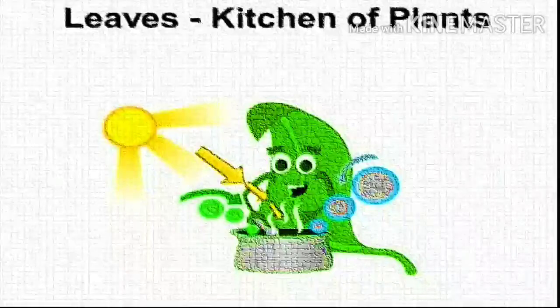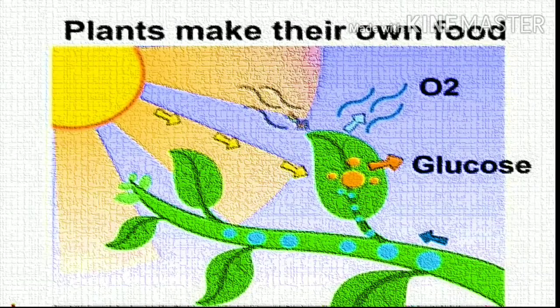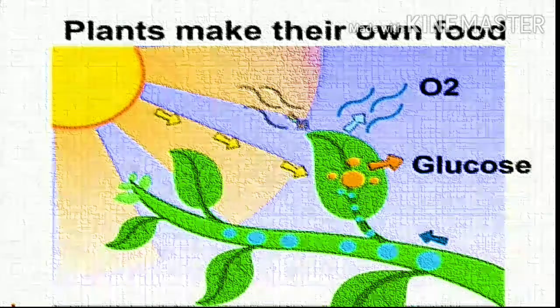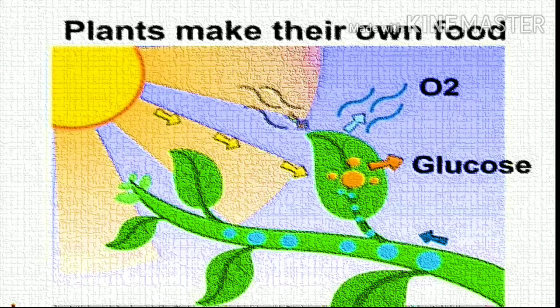So, if leaves are called the kitchen of the plants, then chlorophyll must be known as the chef of the kitchen, as it absorbs the sun energy to make food.